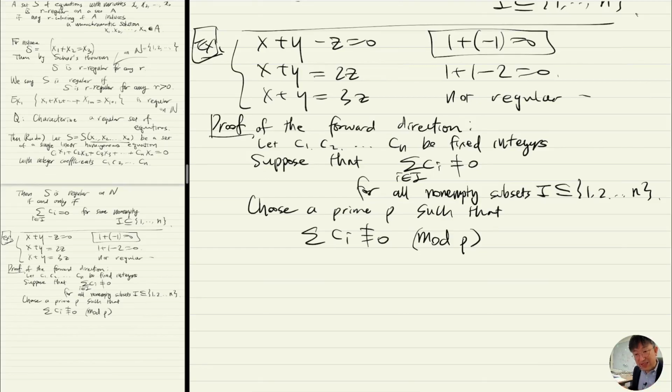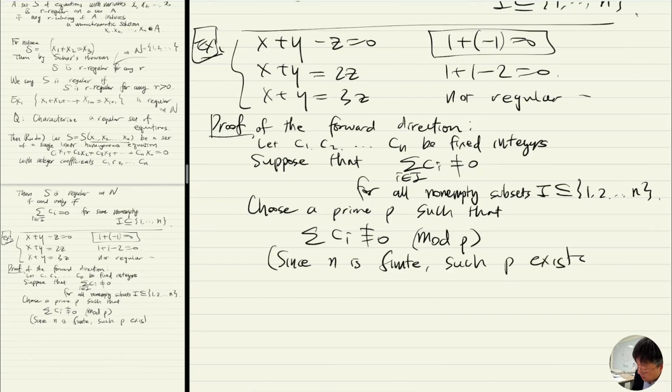There are only finitely many values, and all of them are non-zero. So I can choose a prime p so that all of them are non-zero modulo p. Choose a prime which is not a divisor of any of the partial sums. Since n is finite, such p exists.